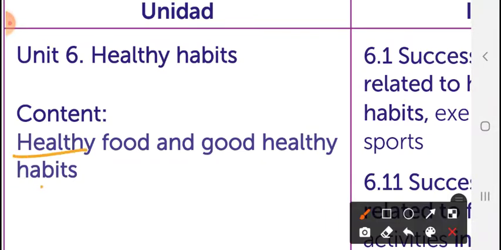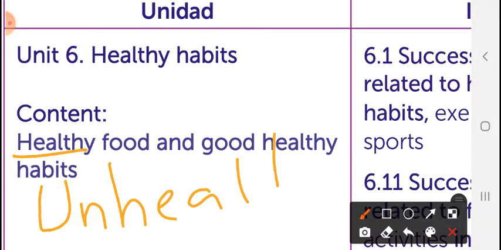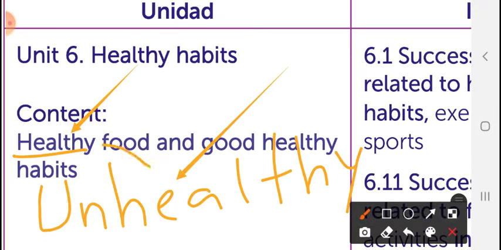The opposite of healthy is unhealthy. So healthy means saludable, unhealthy means no saludable o poco saludable. Yes, so healthy and unhealthy are opposites.